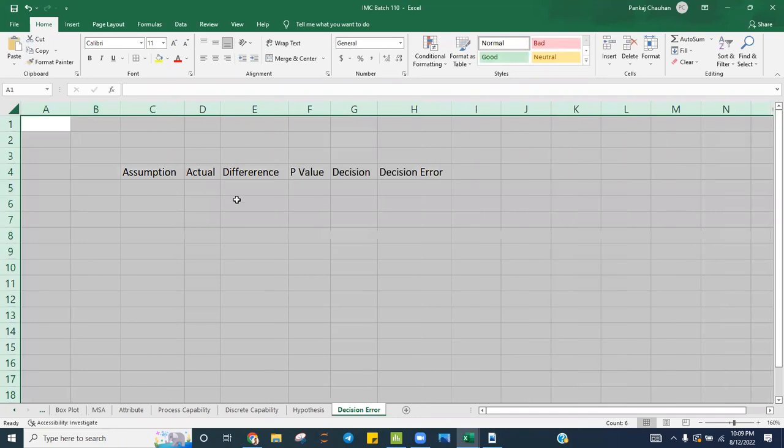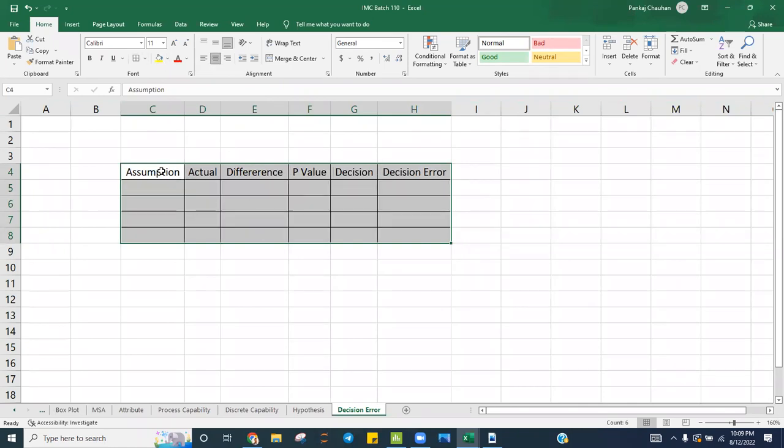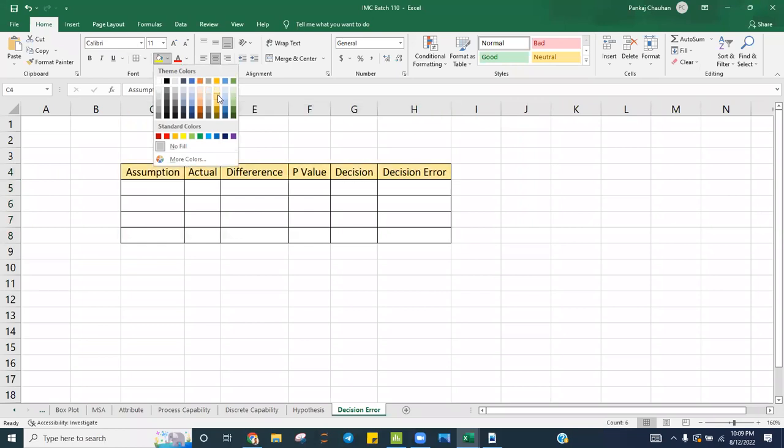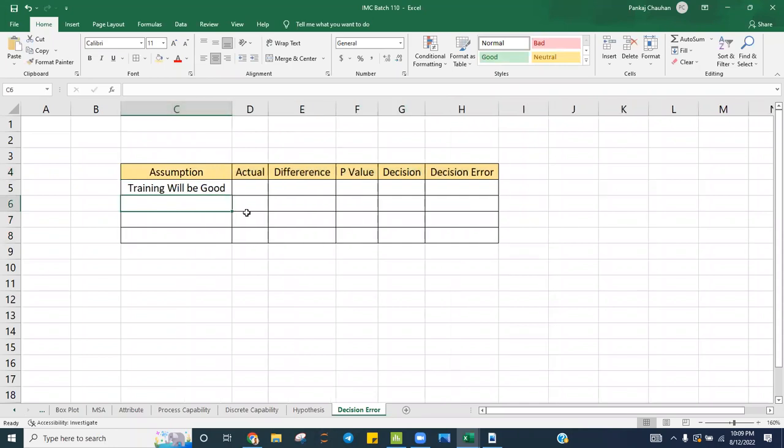Let's say I talk about this training as a first example. When we started this training, your assumption was that the training will be good. Actually, when you attended the sample class or till today, did you find that the training is good?